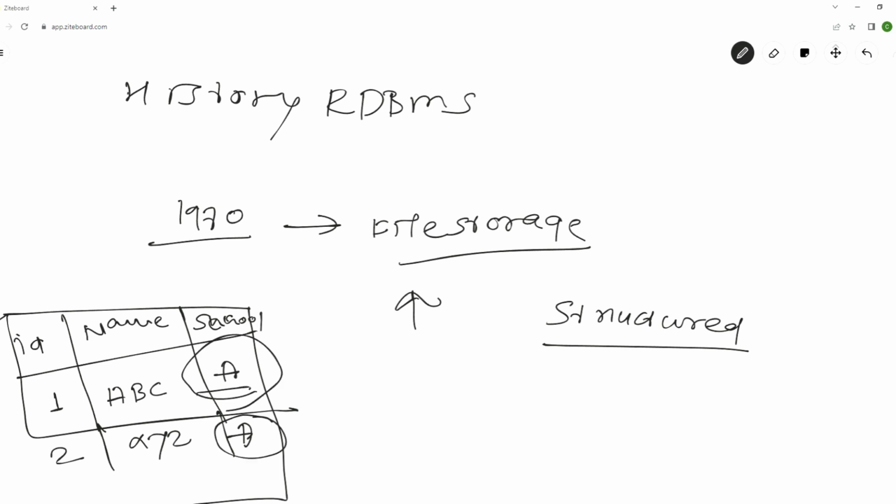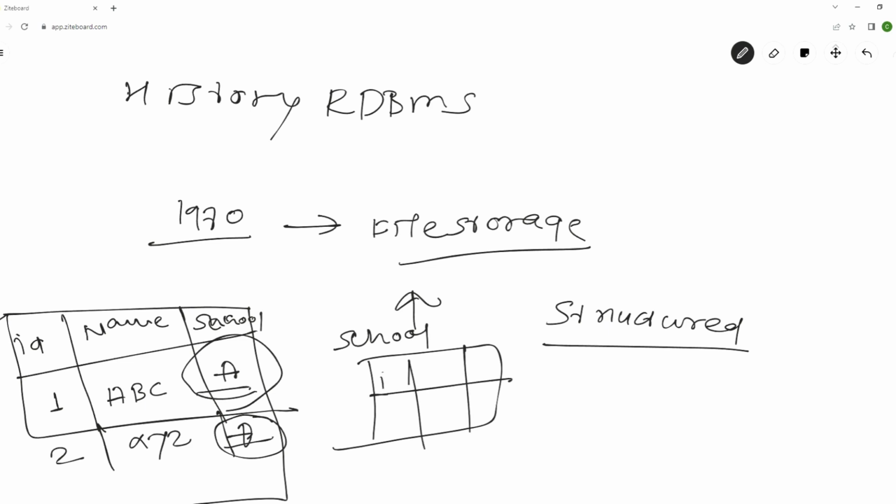So instead of that we can create another table, like school, and in that we can store the ID, the name of the school, and other details of the school like the address.